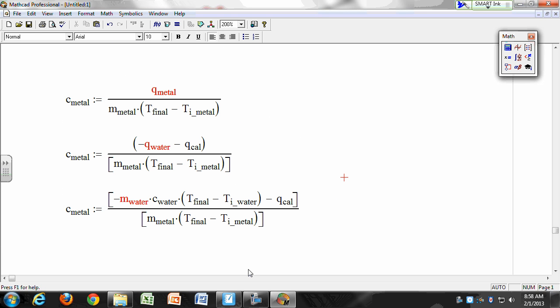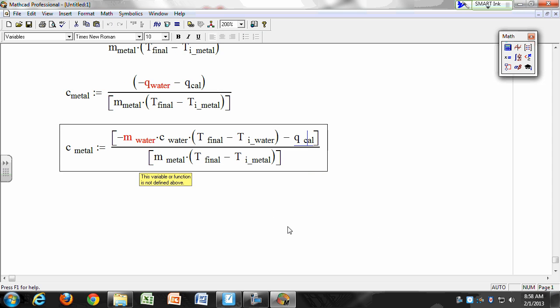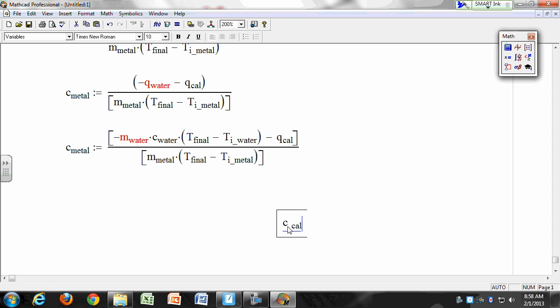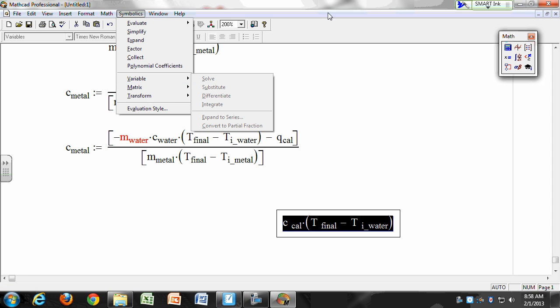Okay. Do I have all the information I need? Q cal. Okay, I know my Q cal is C cal times T final minus T initial of the water, right? So copy that, and then I'm going to substitute that for Q cal.